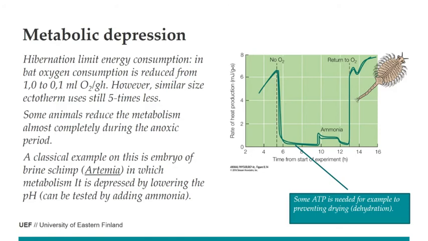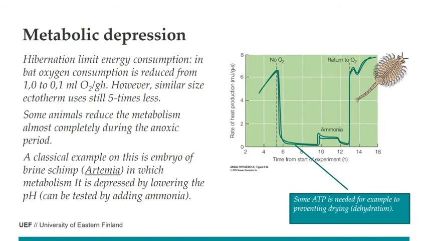But it's only almost zero. There's always some ATP needed, for example, to prevent drying. When we are hibernating or depressing the metabolism, the problem is that we are no longer controlling anything, and that can be fatal. And how this Artemia does it is in a very simple way.